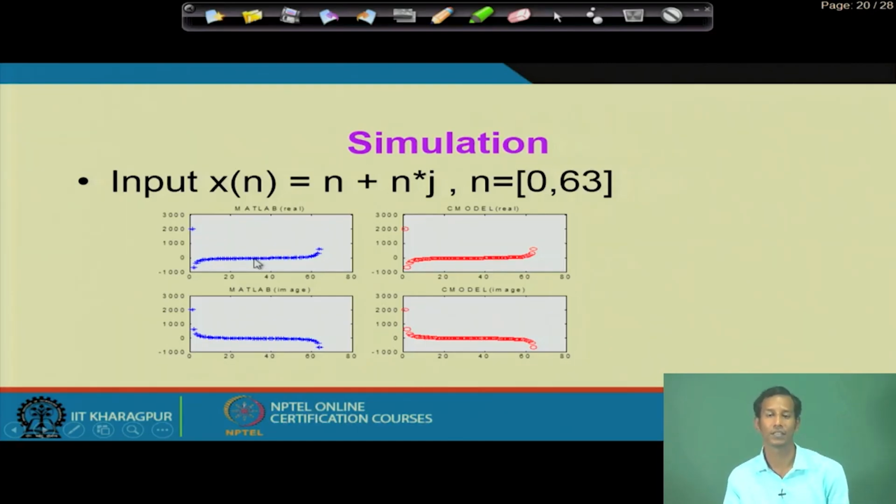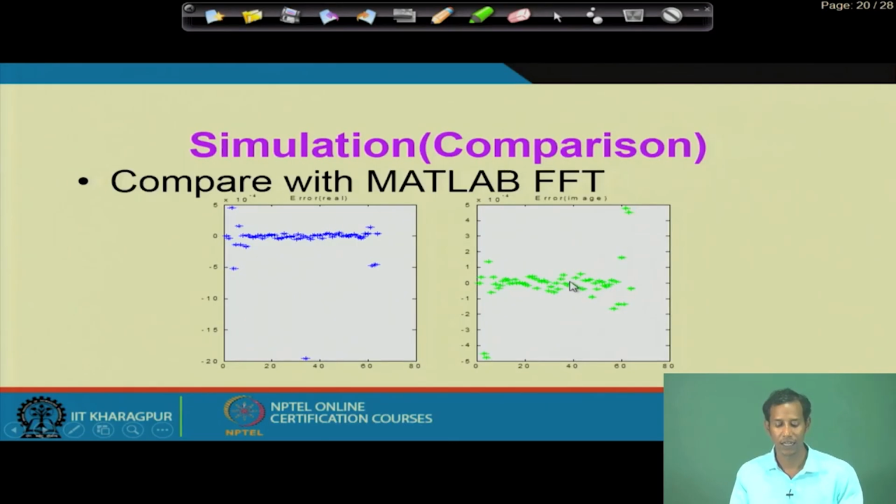In MATLAB it runs in a floating point environment, whereas in hardware it is a fixed point environment, so depending on truncation or overflow there is a difference. We look at the error between the actual FFT you get in MATLAB and the FFT you get from the hardware implementation. Compared with the MATLAB FFT, the error in the real part is on the order of 10 to the power minus 4, and the imaginary part is also on the order of 10 to the power minus 4.